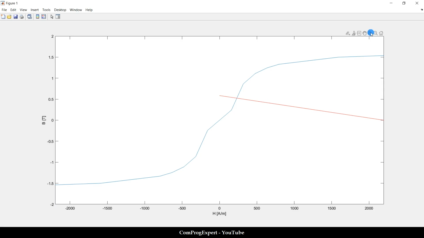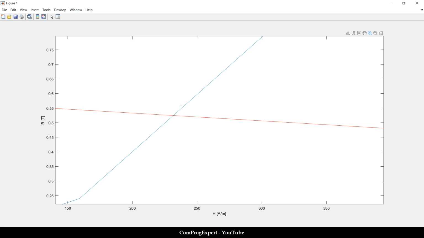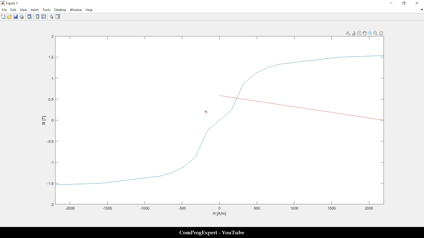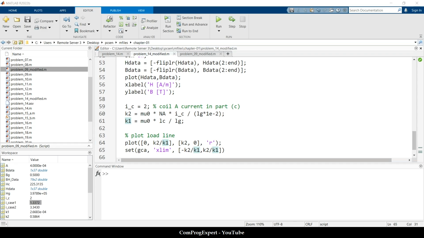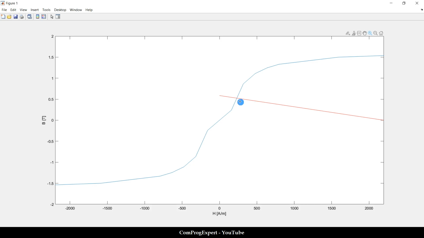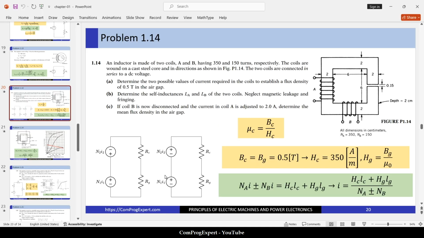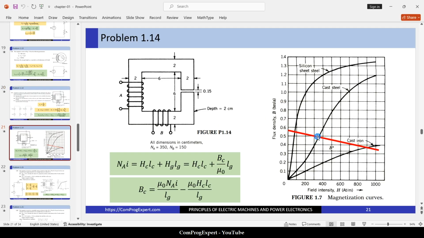So we need to intersect them to find this value, right? This operating point for the air gap flux density and the core. If we only excite coil A, the aim is to calculate the mean flux density in the air gap. So we need to find this intersection point, right? Also, you saw this in the graph.